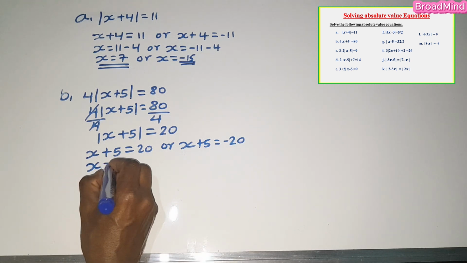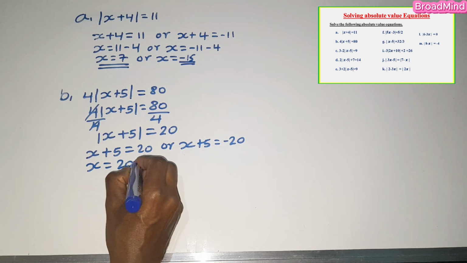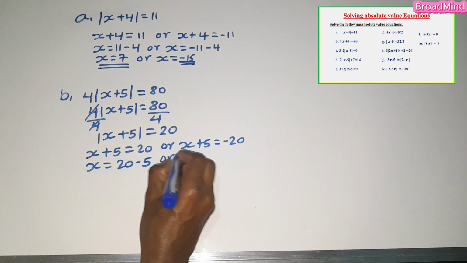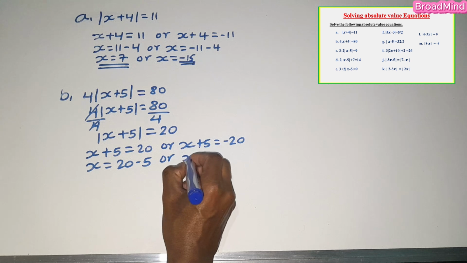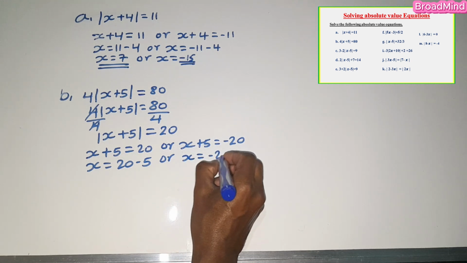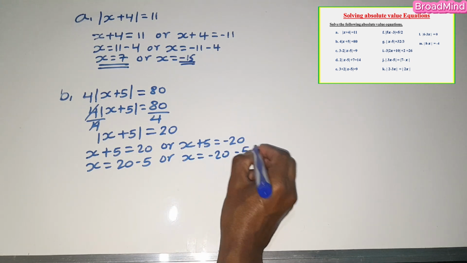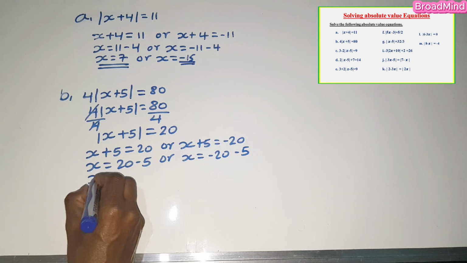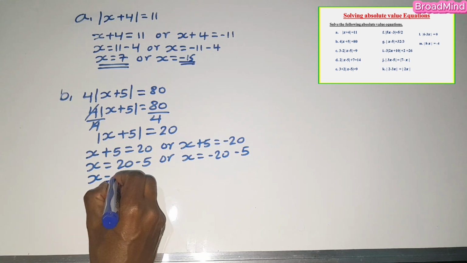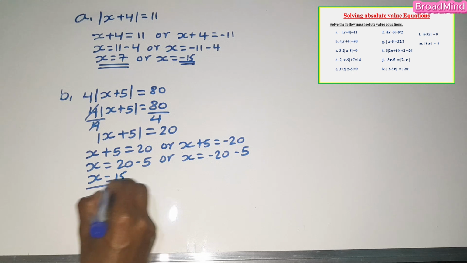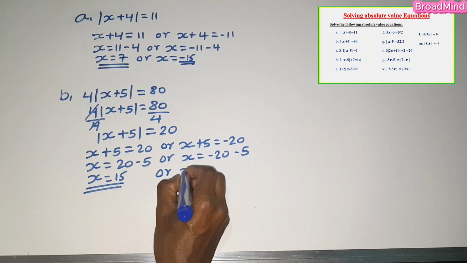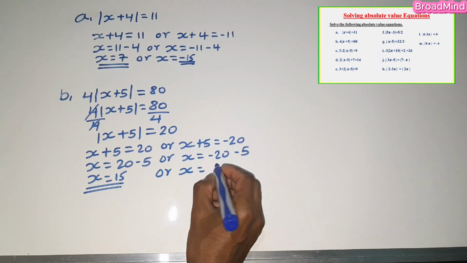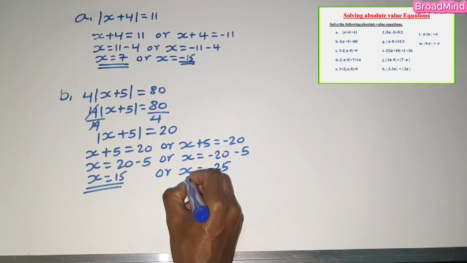Then x is equal to 20 minus 5, or x is equal to negative 20 minus 5. Now x is equal to 15, or x is equal to negative 25.